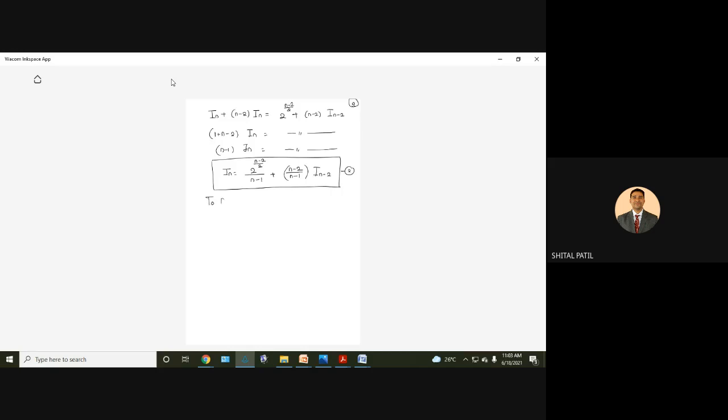Write down. To find I6. So write down. Substituting n equal to 6 in 2.